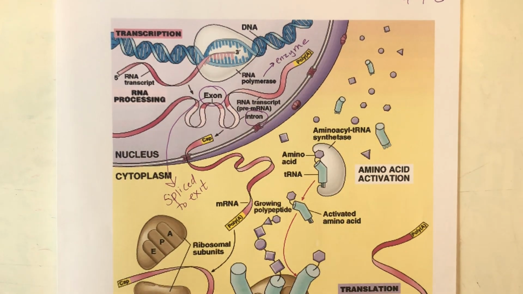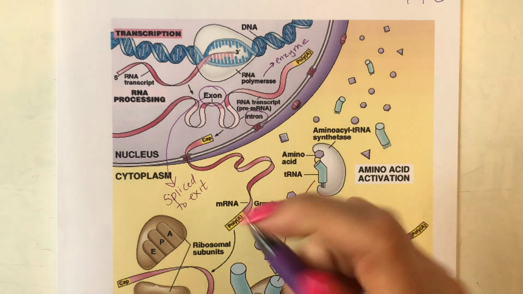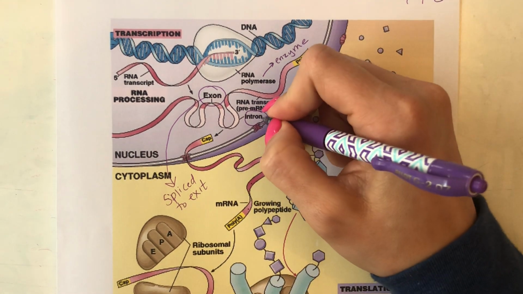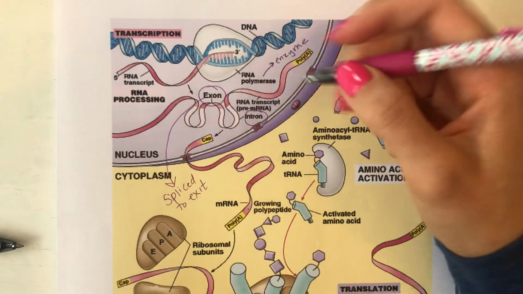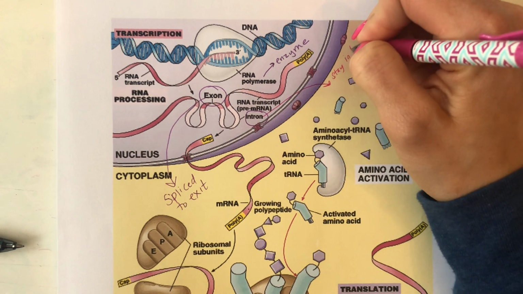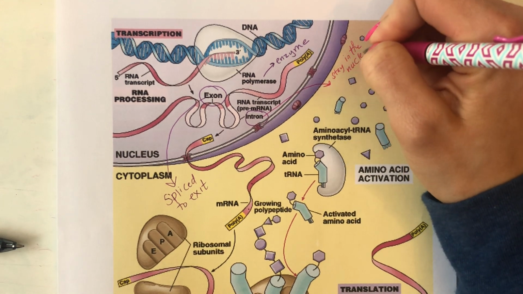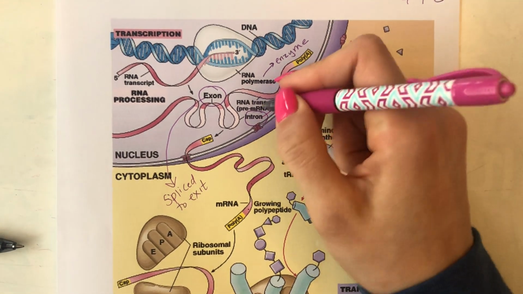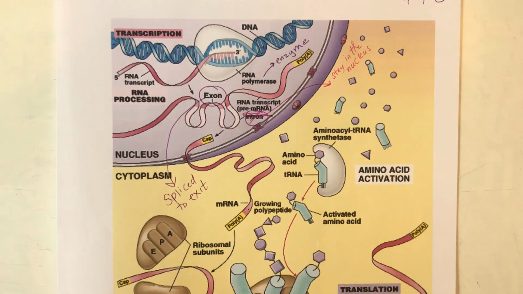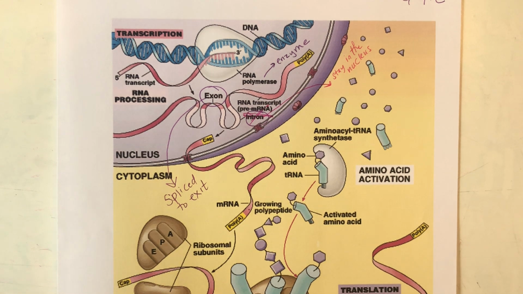This is what leaves the nucleus. This is the final product, our proofread piece of mRNA. Introns, different color here because it's matching my nucleus, stay in the nucleus. Okay? We don't want the introns. The introns are not the components that we want. The exons are what are going to exit the nucleus.